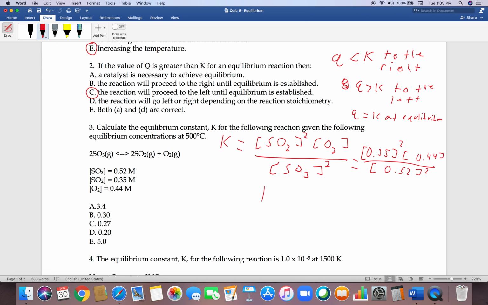So we get that K is going to equal, let's see here on my calculator, 0.1999 repeating, or if we round, we could just say 0.2. So the answer here would be D.